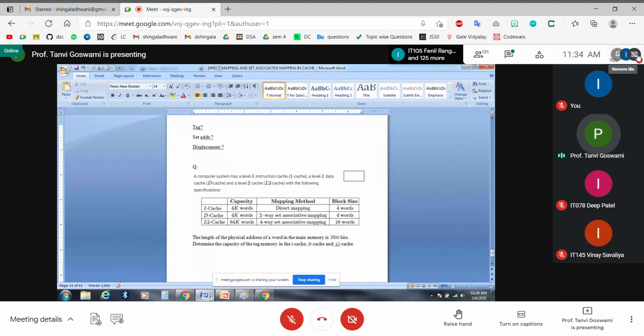The length of the physical address of a word in the main memory is 30 bits. We need to determine the capacity of the tag memory of each cache. We're having 3 cache memories, so 3 tag memories will be there, one for each cache, right? So determine the size of the tag memory for the I cache, D cache, and L2 cache.